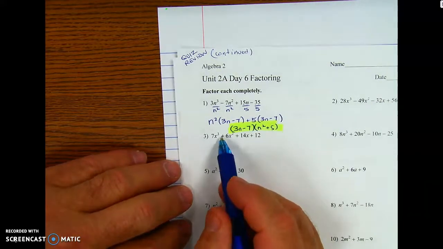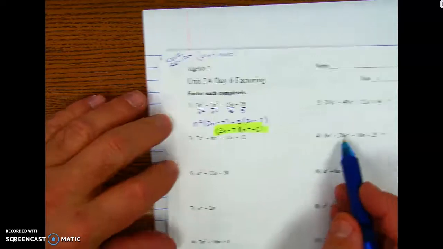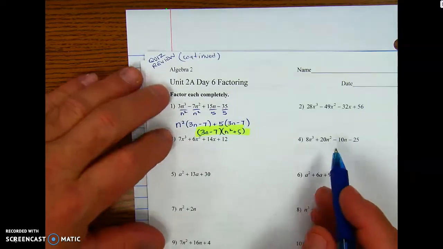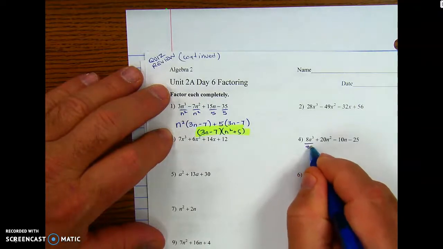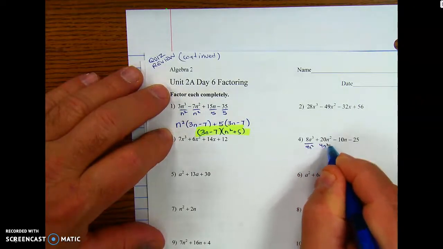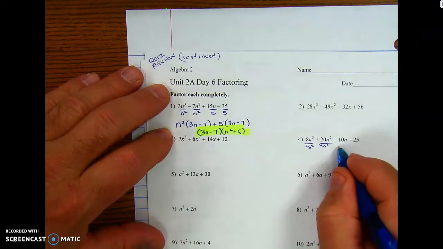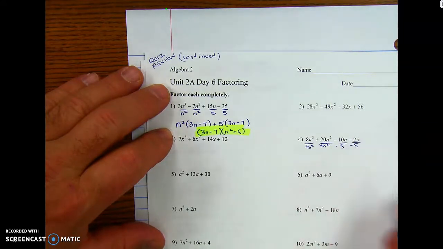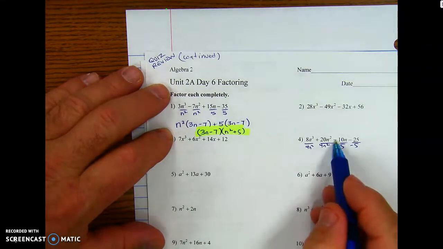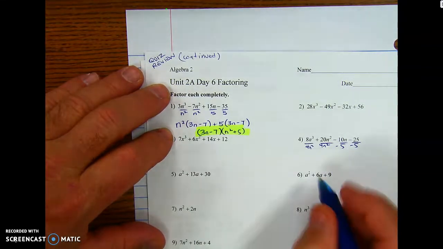Notice that neither of these problems has a minus in it, so I'm going to do one with a minus in it to make sure you know how to do that. So here we go. 4n squared is the GCF here. And negative 5 is the GCF here. Negative 5, not 5. Anytime the middle term is negative, make the GCF negative.